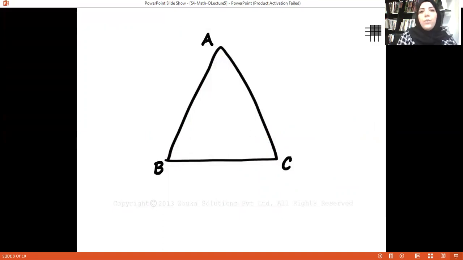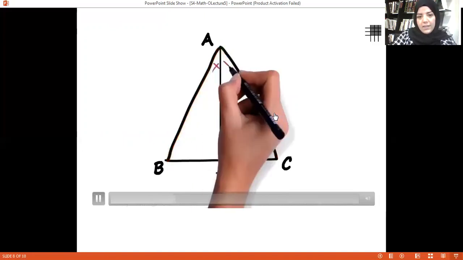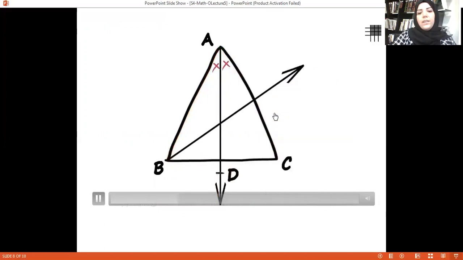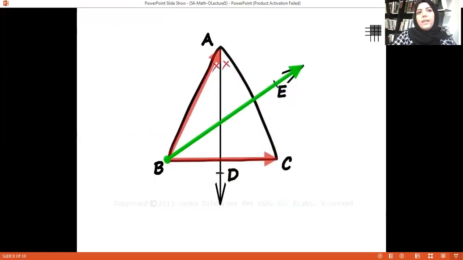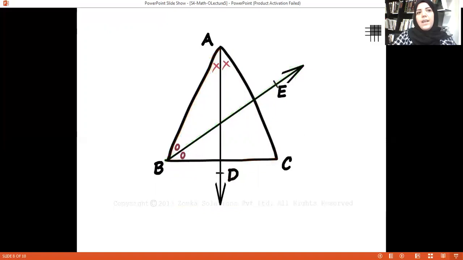So first of all, we draw AD, which is the bisector of BAC, that cuts the angle into two equal angles. Now BE is the bisector of ABC. It also divides the angle into two equal angles.